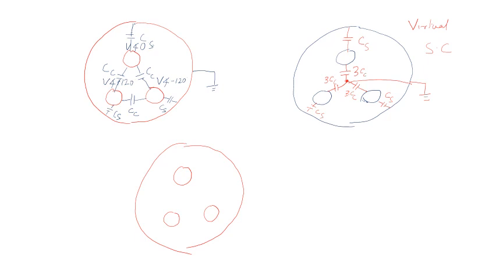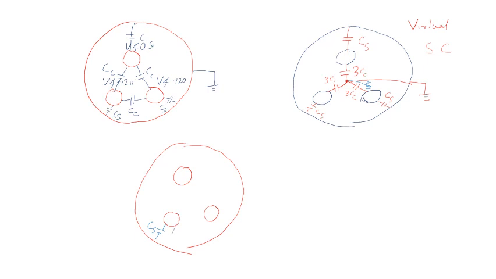Now the capacitances change from this connection: each core will have a capacitance of 3CC and CS. This point, where there is a short, is nothing but your sheath point. This point is now a sheath point, so you can assume it.